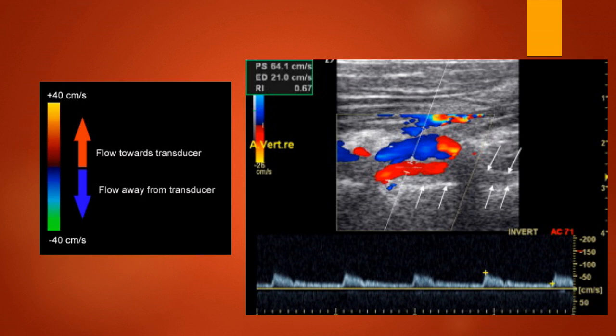This is showing what we don't want to do. So we've seen a lot of techs do angle correct. We don't want to do that, especially when we're looking at the carotid. Carotids, we are routinely following up these patients.